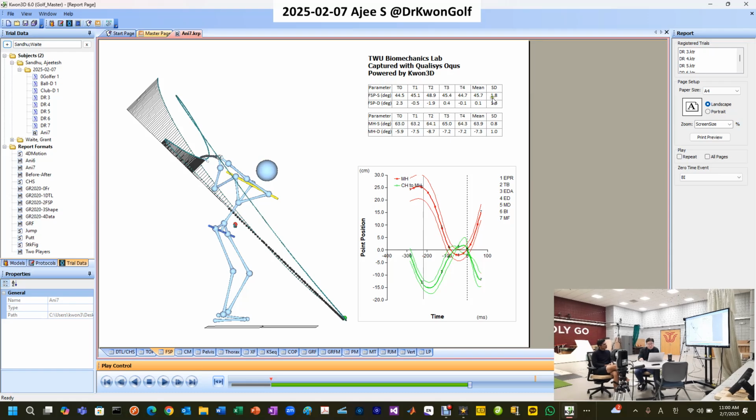And the direction also shows a fluctuation. The standard deviation is 1.6 degrees. This one is 2.3 degrees inward, and this one is 1.9 degrees outward. So you have fluctuations.